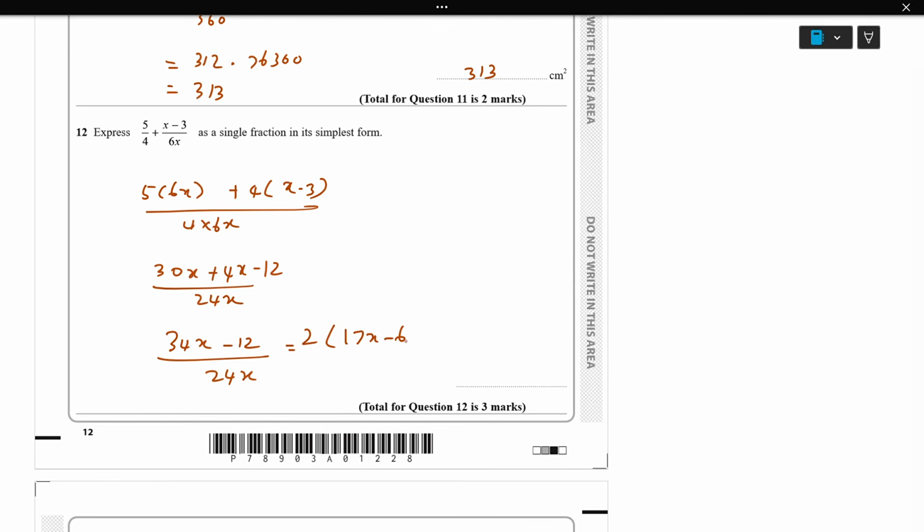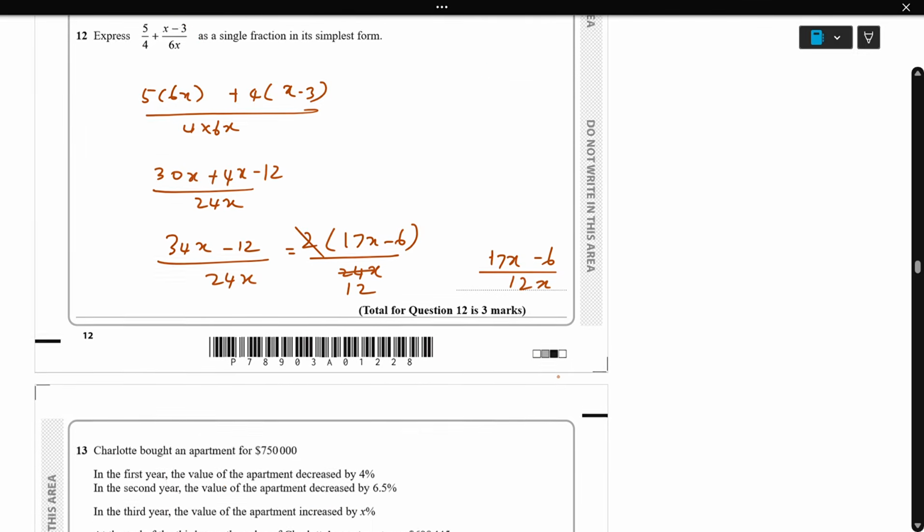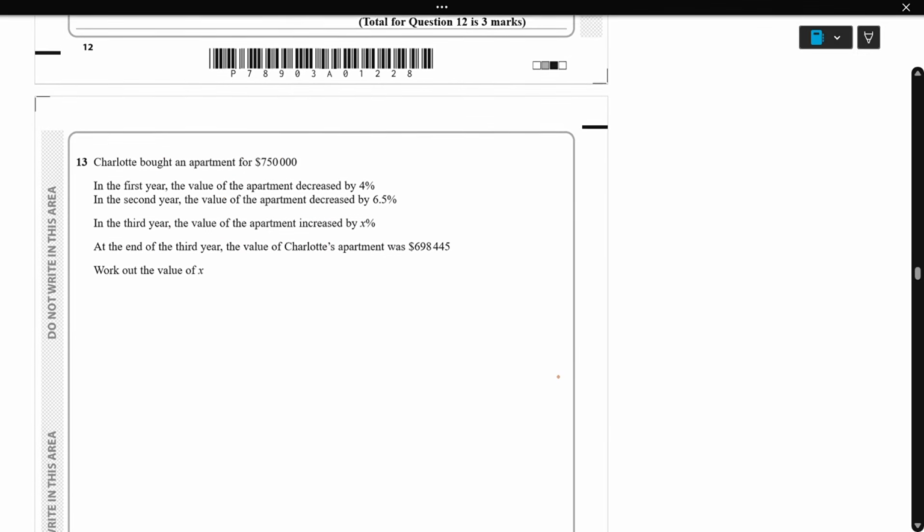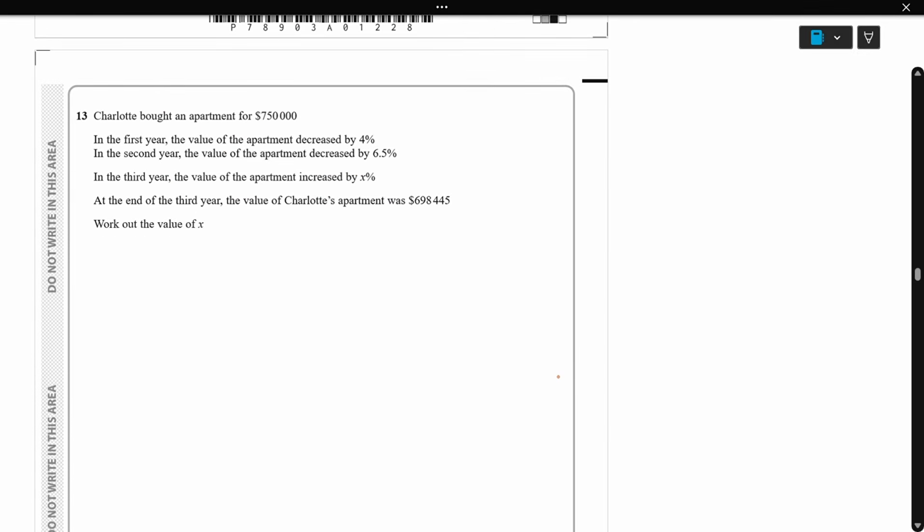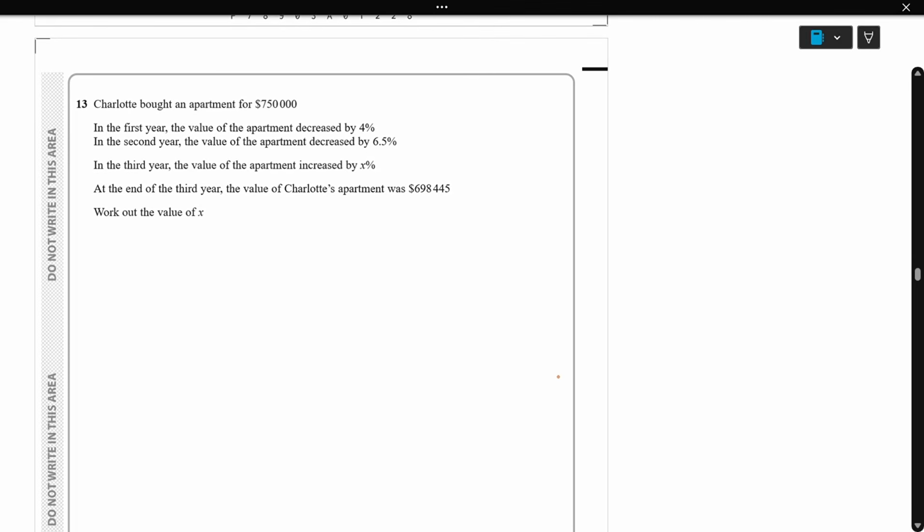From here we can bring out 2 as a common factor, so 17x minus 6 over 24x, and this 2 makes the denominator 12. That's the final answer, 17x minus 6 over 12x.